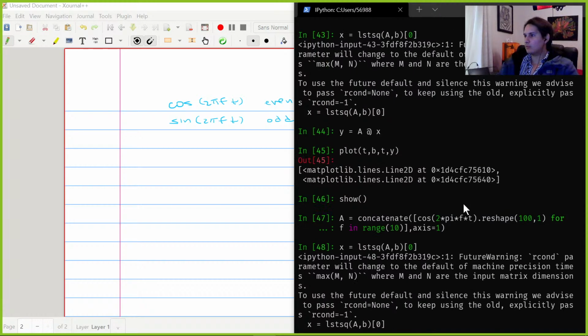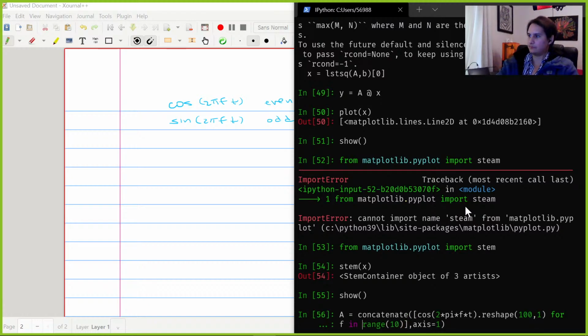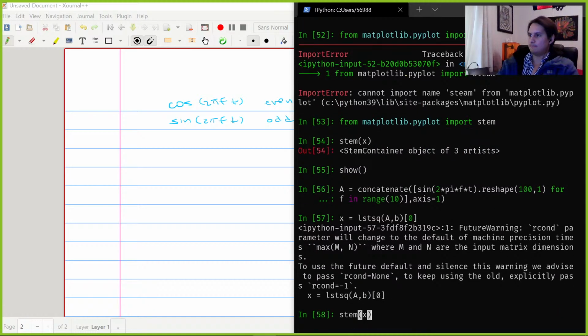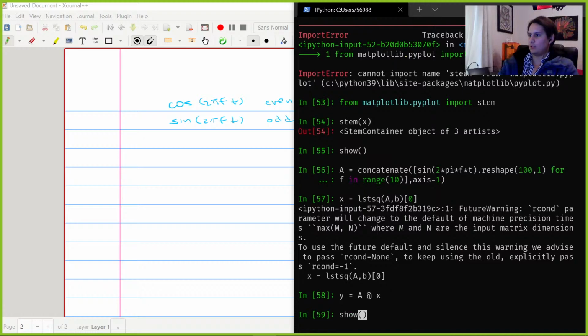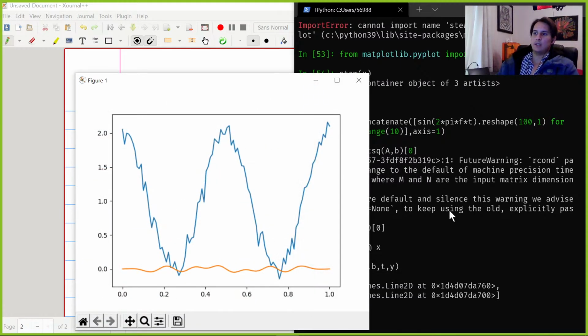And actually, if instead of using cosine functions, I try to use sine functions in this case, and do exactly the same as before, plot here. So you can see that my denoised signal is basically only the noise.